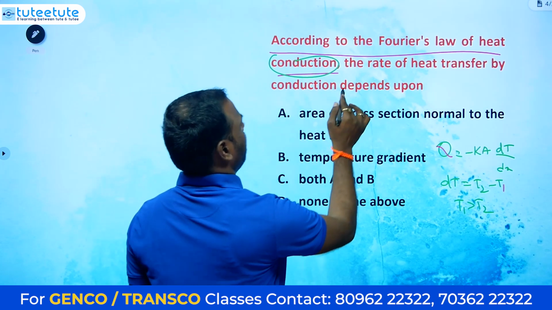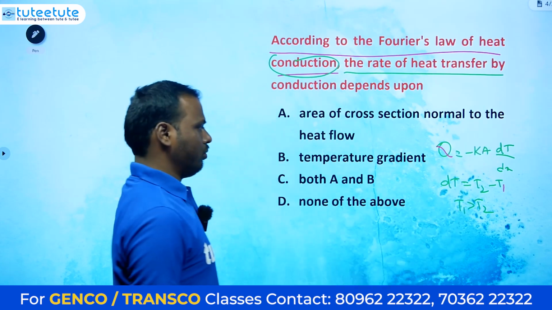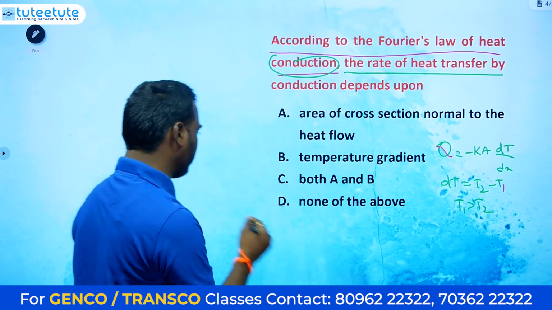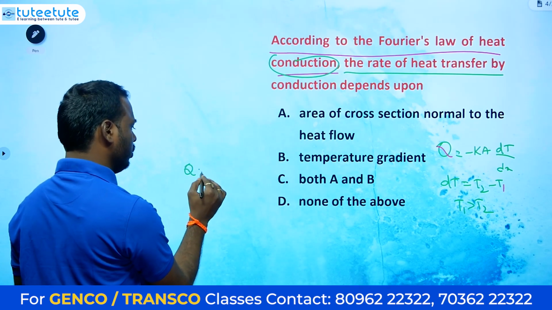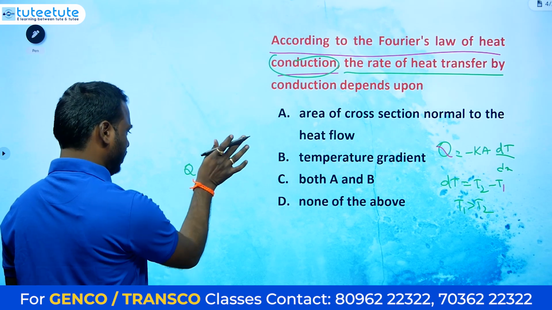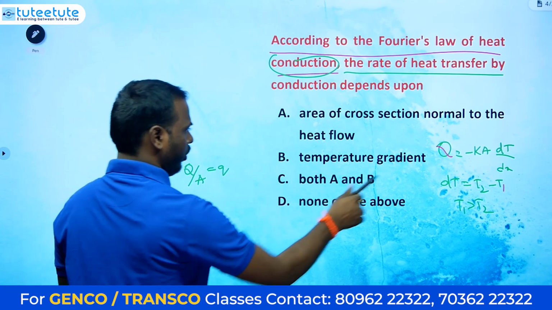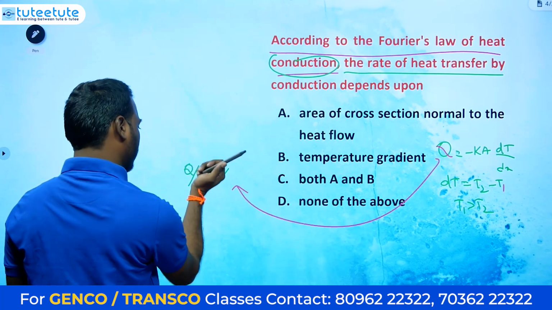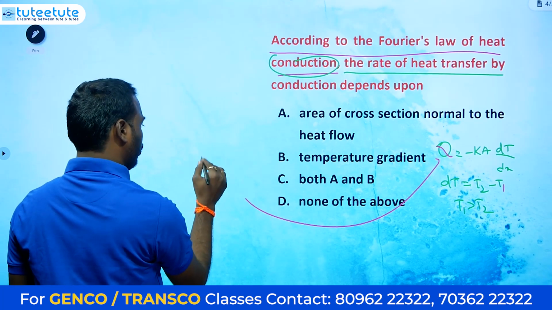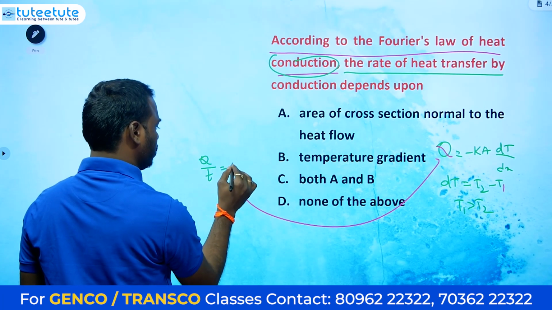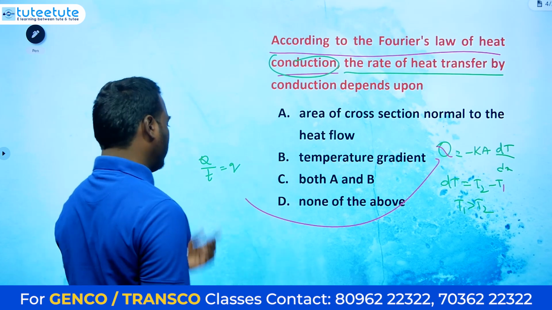Yes, what he has given is the rate of heat transfer. Rate of heat transfer is nothing but small q. Small q is equal to Q by A. Always remember, Q by A is equal to small q. Q by t is equal to small q generally, that is per unit time.